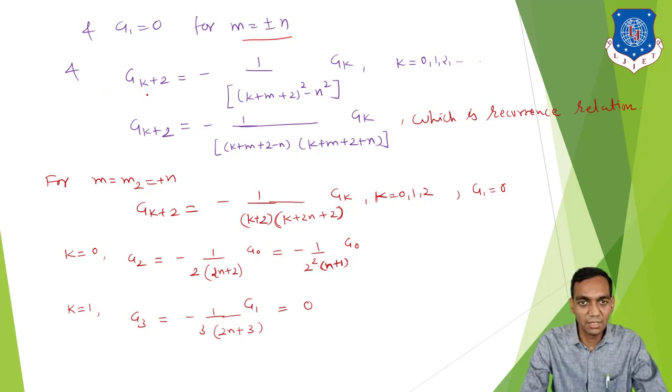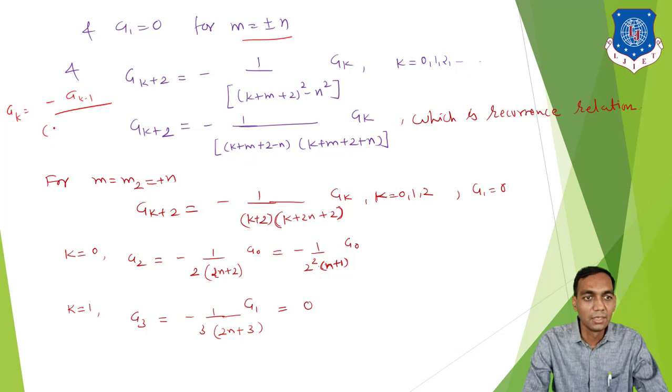If you find the recurrence relation, it will be of the form a(k+2) is equal to minus 1 upon ((k plus m plus 2) whole square minus n square) into ak, or if you write it in the other form, then it will be a of k is minus a of (k minus 1) divided by ((k plus m) whole square minus n square).